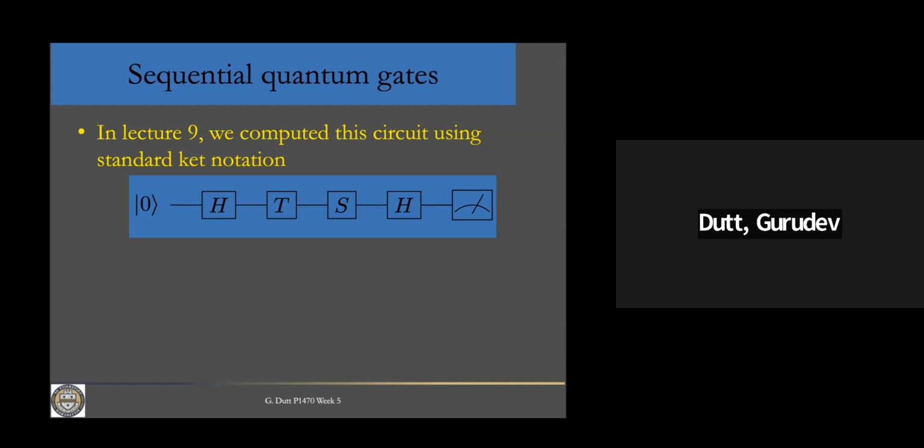Yes, the plus state, which is 1 over root 2 times 1, 1. Very good. Everybody see that? Okay, so that is H acting on 0. And now I take my next matrix, 1, 0, 0, e to the i pi over 4.